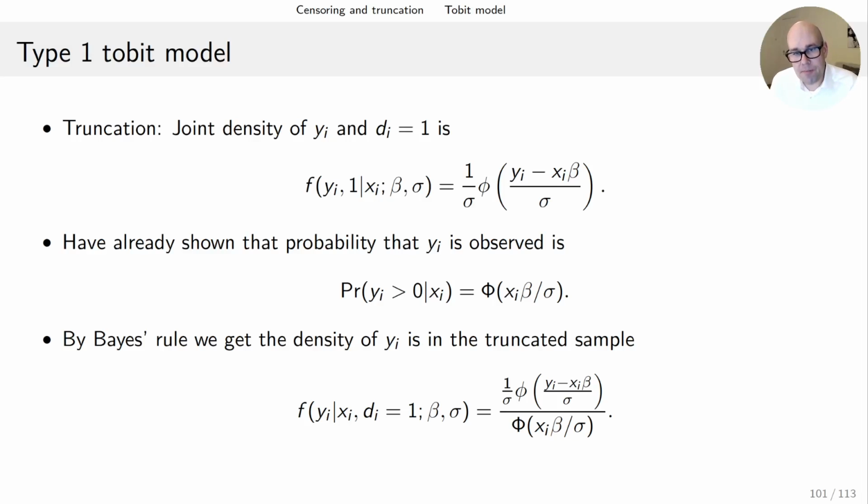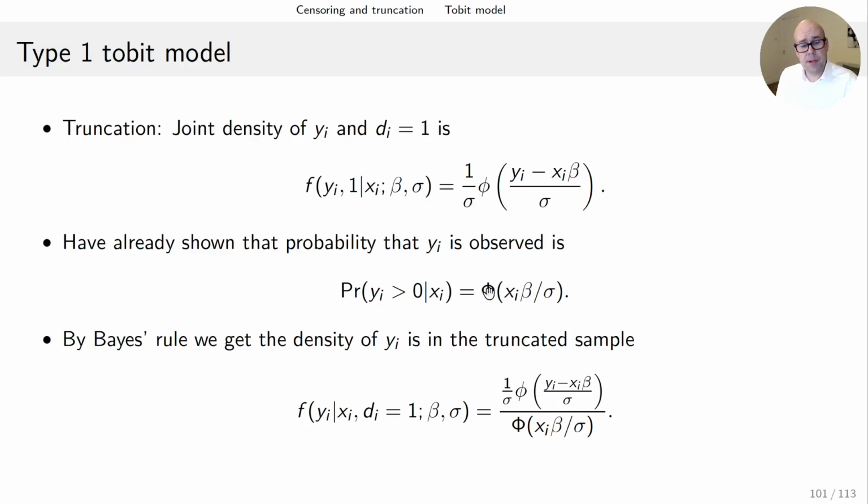Now, for truncation, it looks similar. What we need to do now is to look at the joint density of yi and di equal to 1. That is this density that we have seen before. This is just the density of yi star that we have derived earlier. We have also derived earlier what the probability is that yi is observed. So this was the CDF of the standard normal distribution evaluated at xi beta divided by sigma.